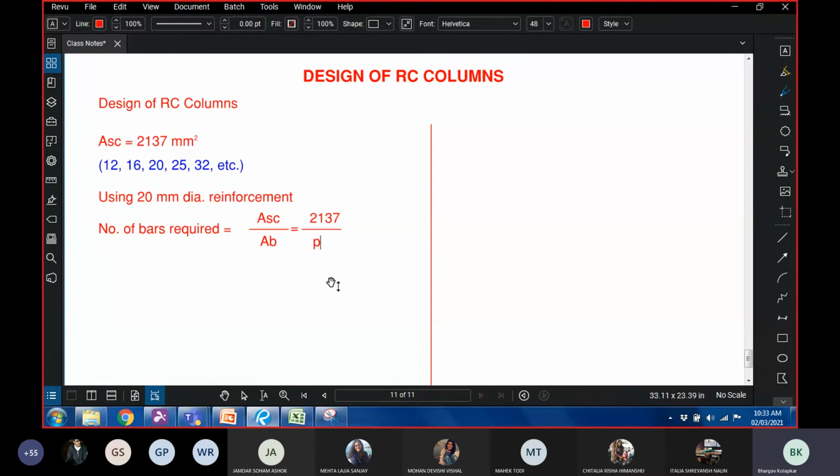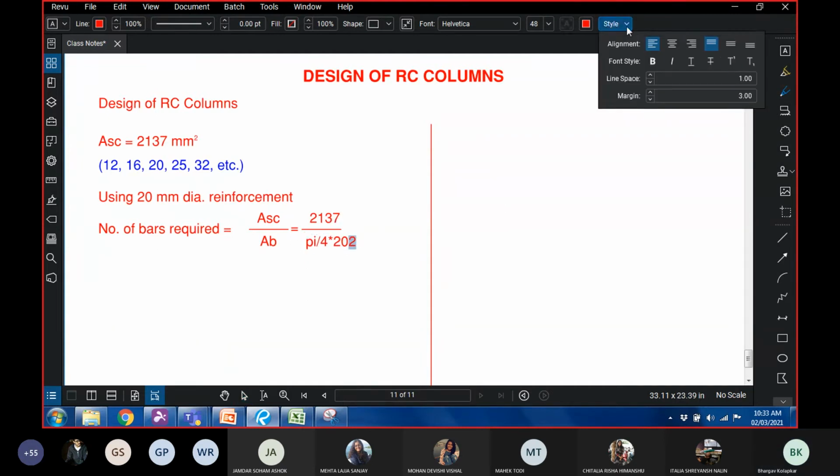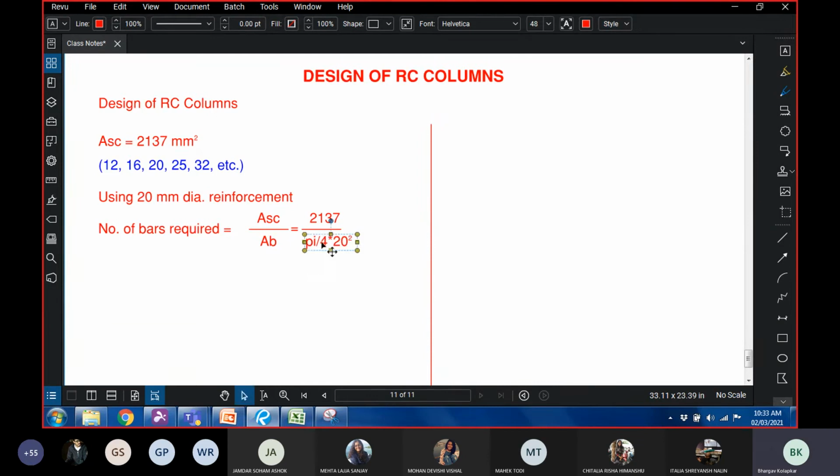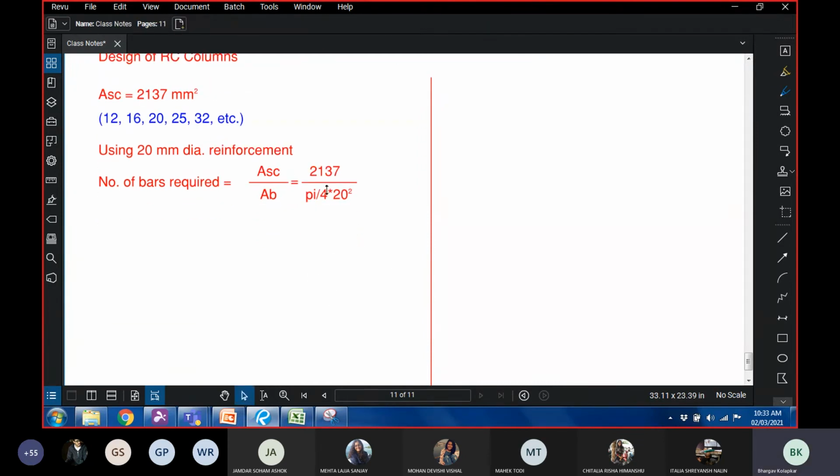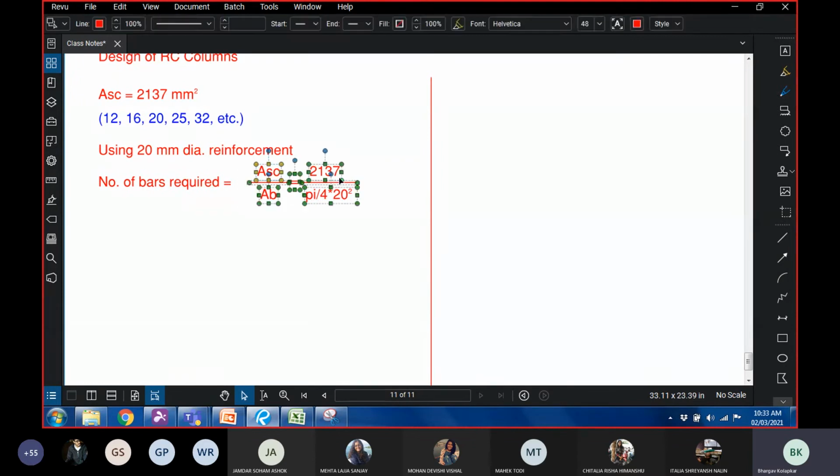So this is equal to pi by 4 into 20 square.